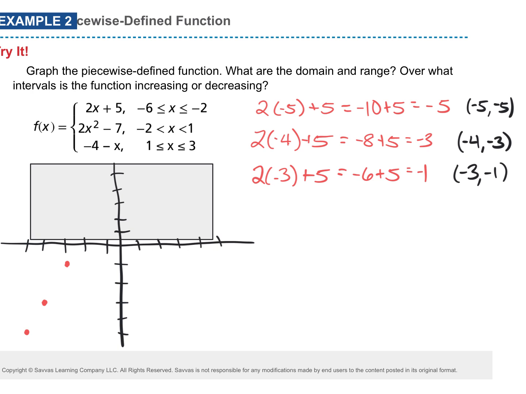Equal to is closed. So negative 2 is in the first, so we're going to use that equation right there. So what's negative 2 times 2? Negative 4. Negative 4 plus 5? 1. What is my coordinate? 1, negative 2. Switch it. Negative 2, 1.